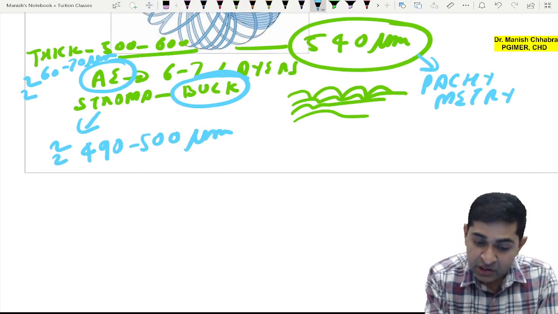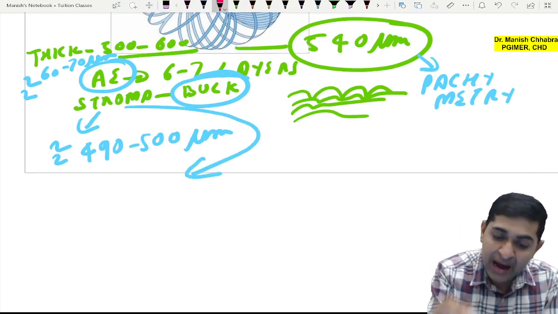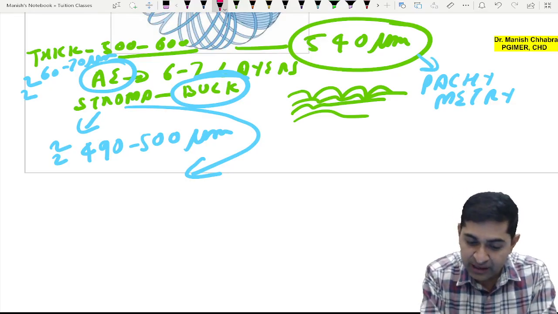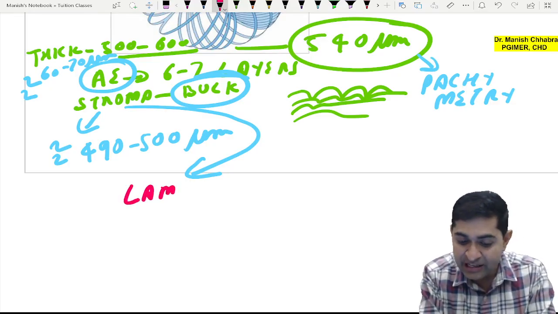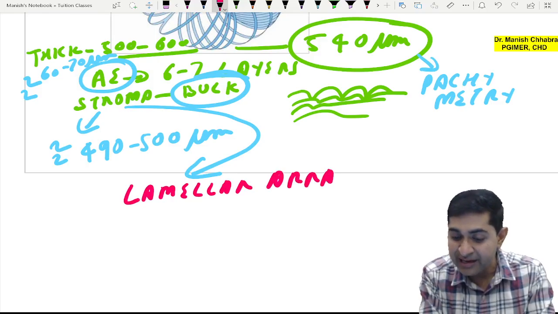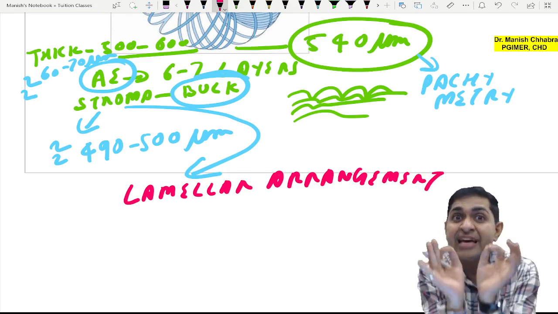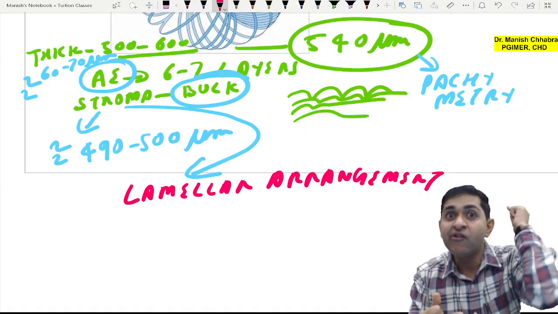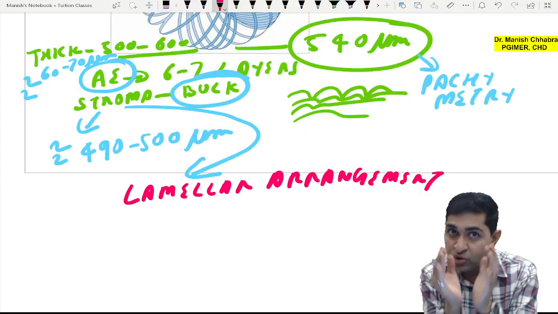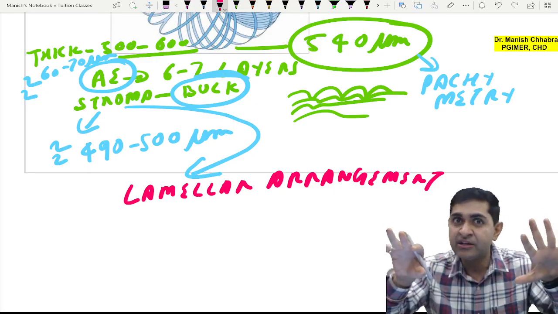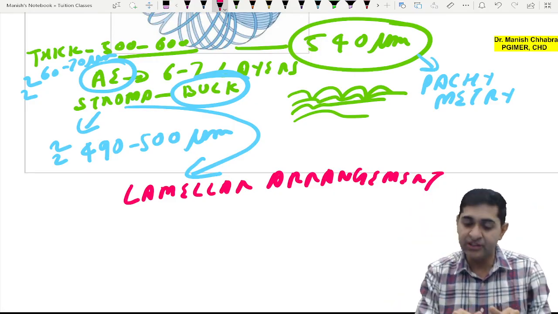Then do you know that the stroma helps in maintaining transparency? How? See, there is a lamellar arrangement of the stroma such that the space between lamellae is less than the wavelength of light, so that the light rays which are getting diffracted will cancel each other.